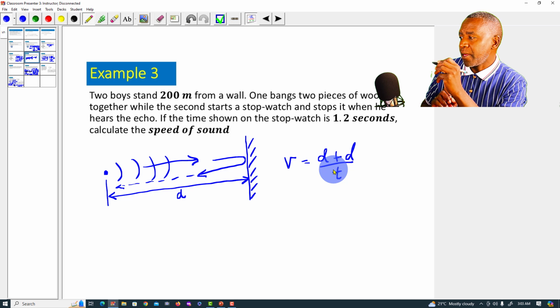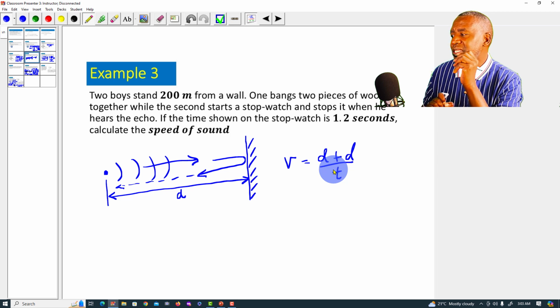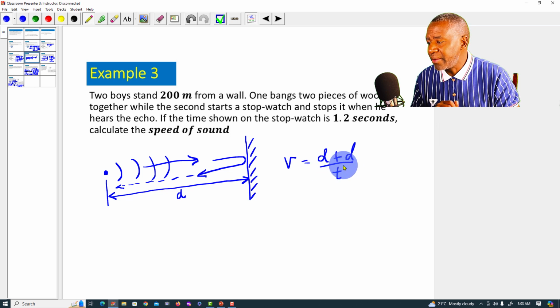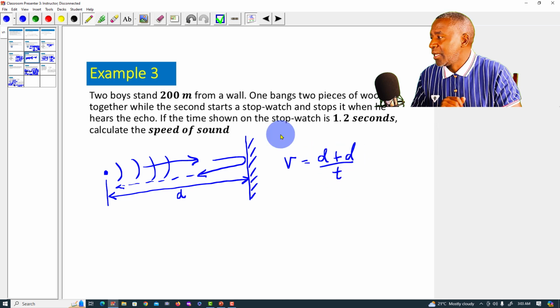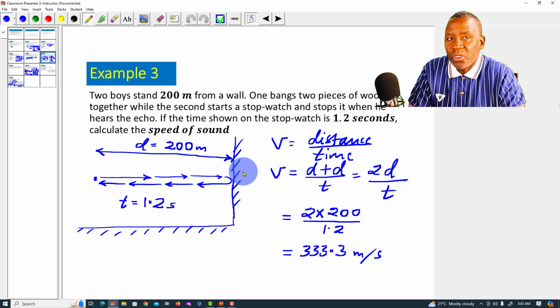The second boy starts a stopwatch and stops it when he hears the echo. So it's like he's taken this time here, this time for the sound to travel through d plus d. Okay, and that is exactly what we are going to do in the solution.